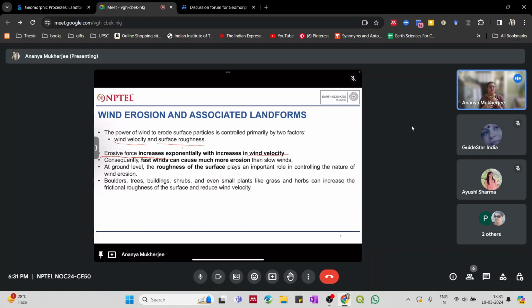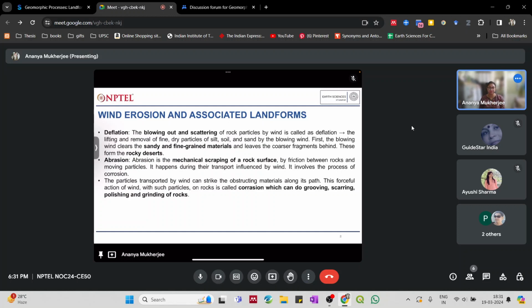If there is only sand present, it is very easy for high velocity winds to just carry it from one place to another. But if there are rocks in between, the wind is going to face an obstacle, and it can reduce the speed of the wind.